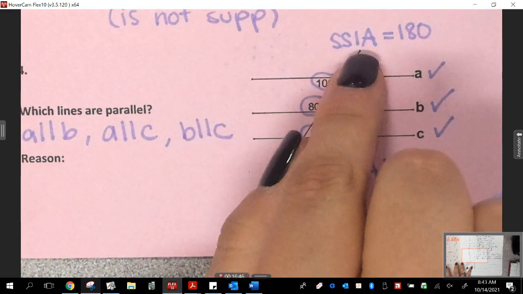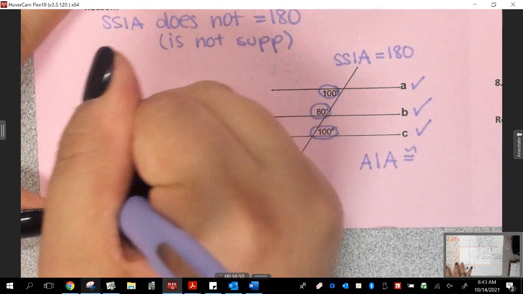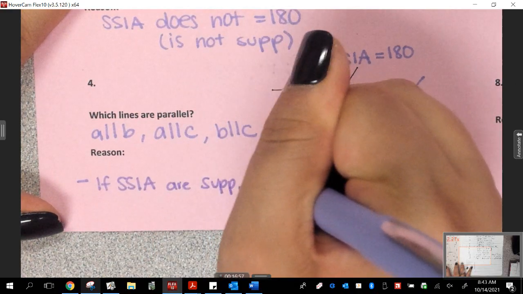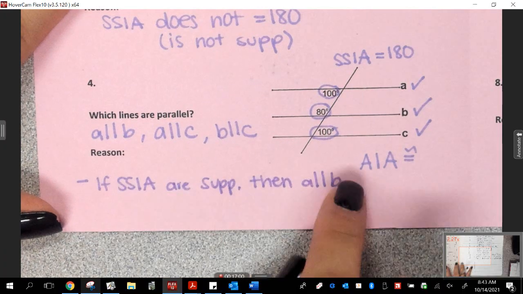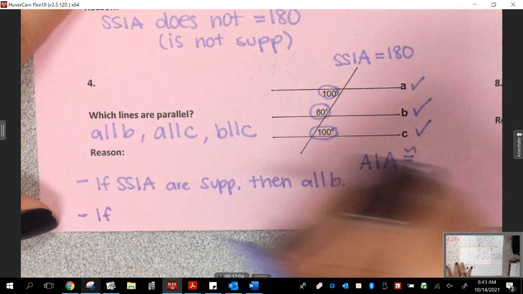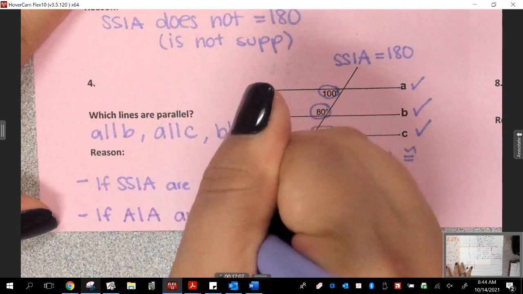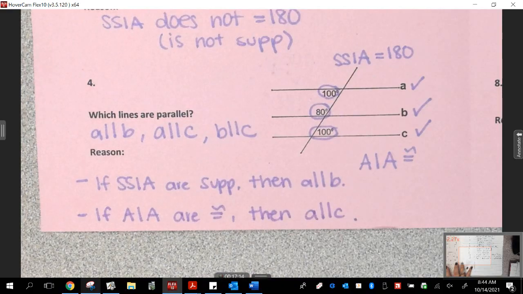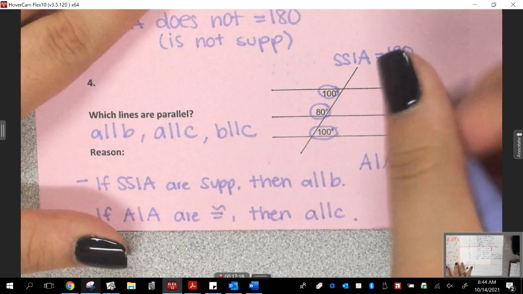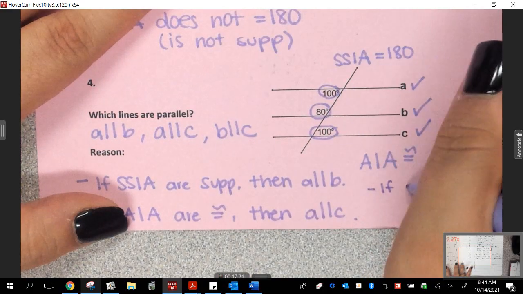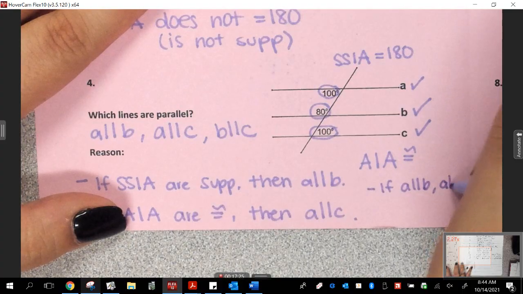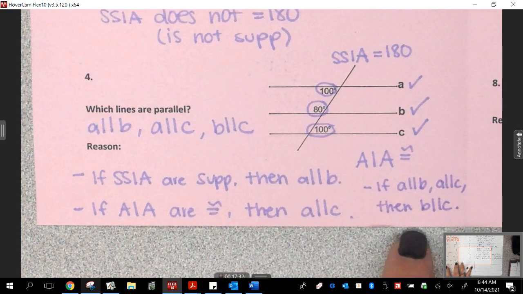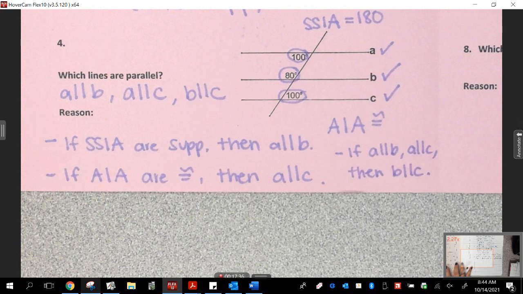All right, so my reason up here: A is parallel to B. Write that down, please.